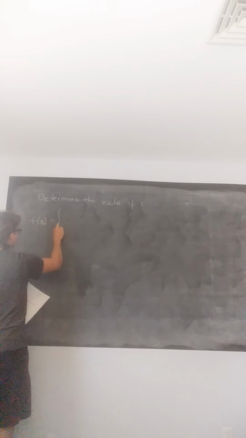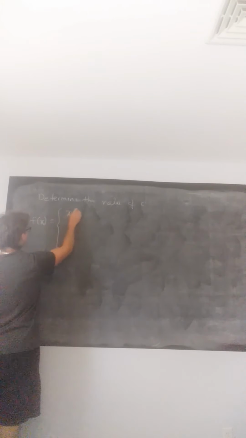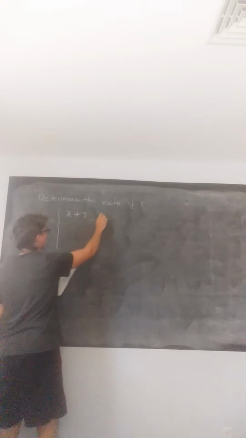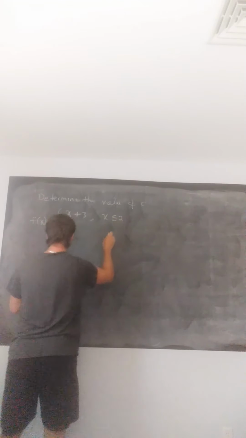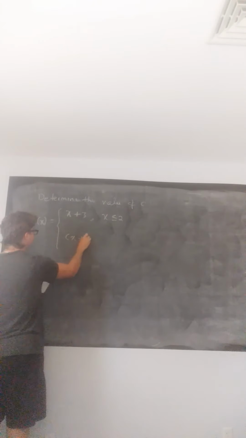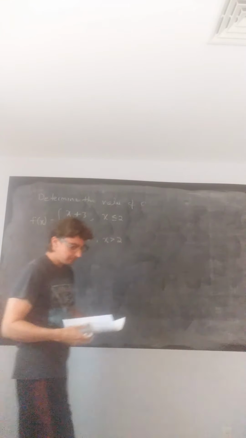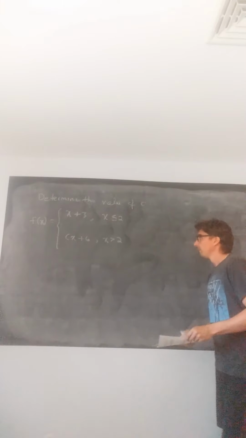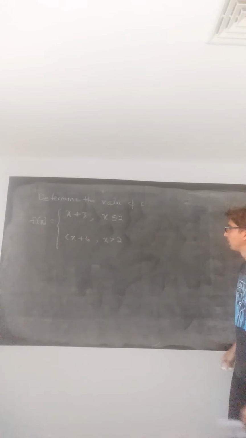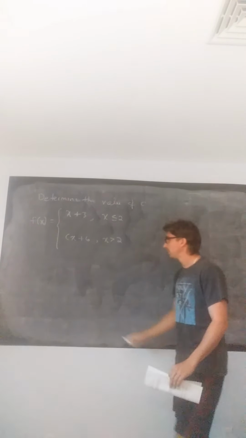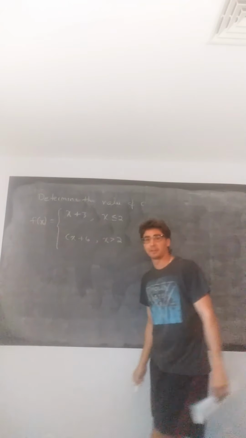So f of x is x plus 3 if x is less than or equal to 2, and it's cx plus 6 if x is strictly greater than 2. Okay? So there's our piecewise function. We want to determine the value of c so this function is continuous everywhere.